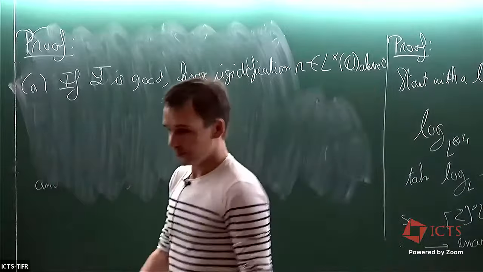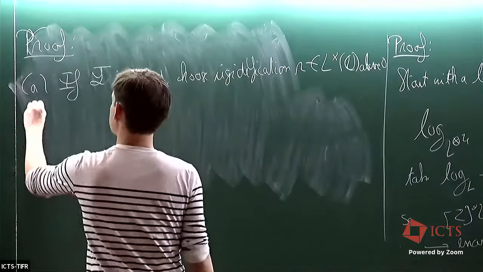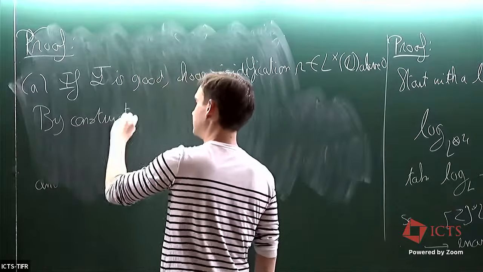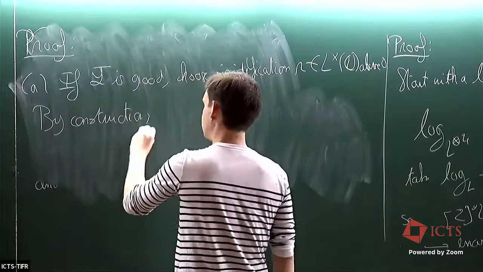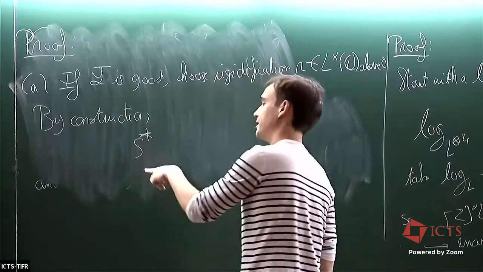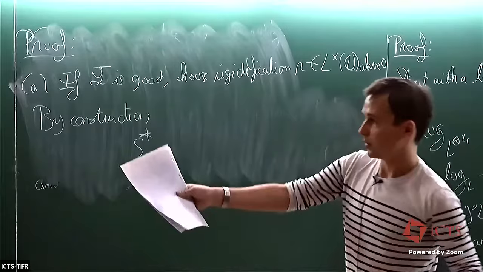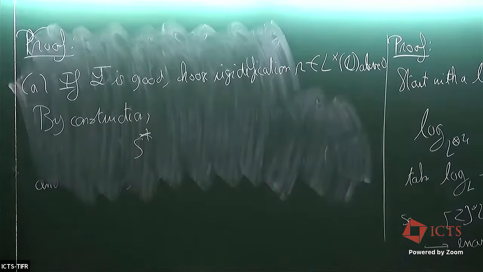By construction, S star, if you remember, S is the sum from A times A to A, D is the difference, and pi1, pi2, as written here, are the projections. So I use this, and I know it's an isometry for every place.